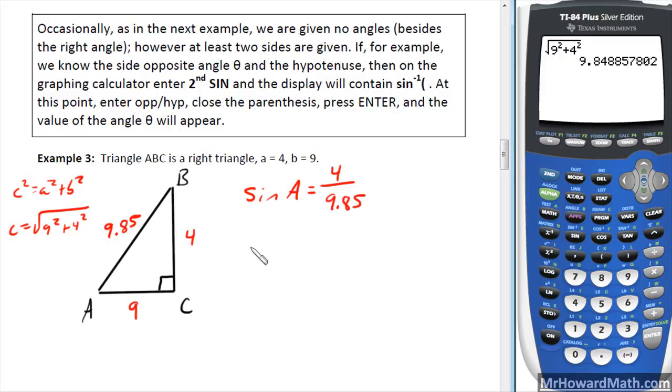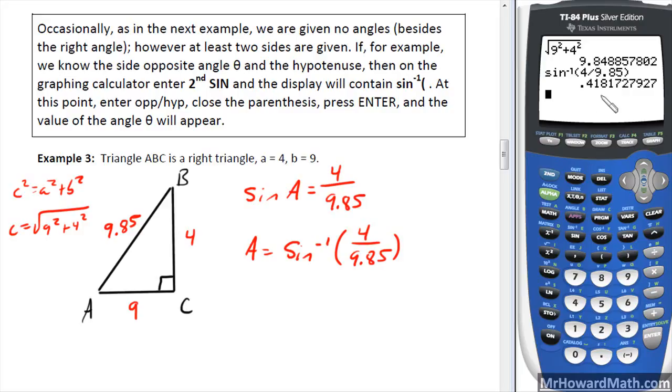That means that A is equal to sine inverse of that amount, 4 over 9.85. Again, when we're finding angle measures, we'll use the sine inverse. So second sine inverse of the opposite side, 4, divided by the hypotenuse, 9.85. And we get approximately 0.41817.